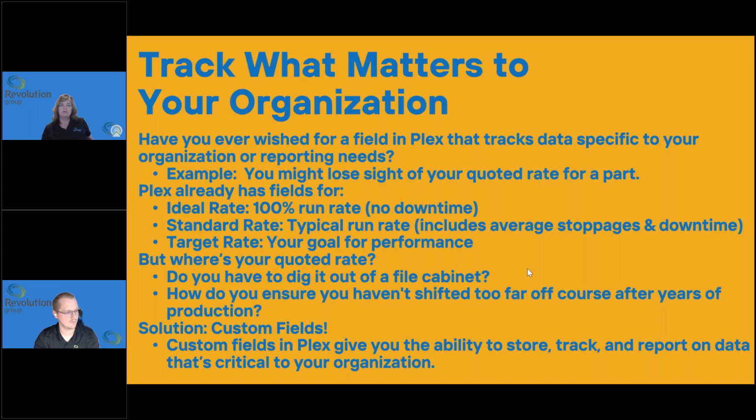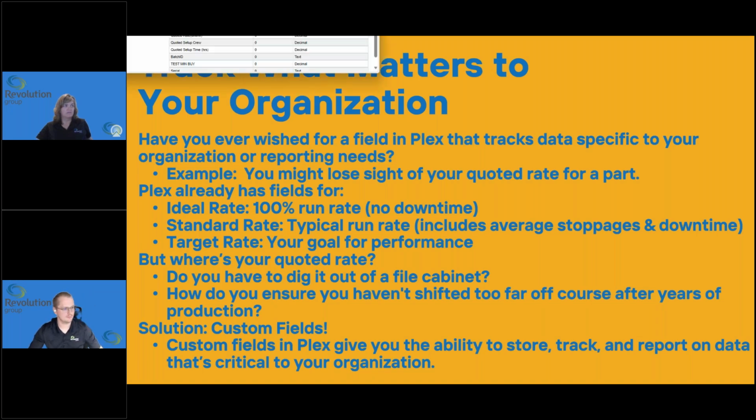But maybe you have a quoted rate that you would like to keep up with. You've quoted this to the customer, it's been a couple of years, and you don't know how far off track you've gotten. Are you losing a lot of money on this because you've quoted it to run much faster than it is? So we're going to look at a way to store that so you can easily keep that handy and visible to you.